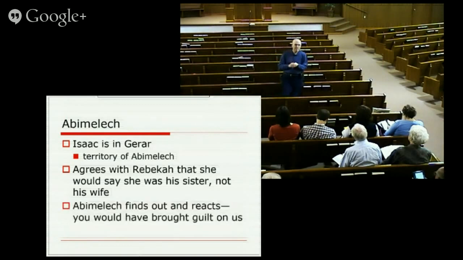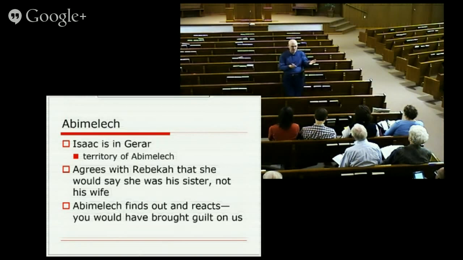And Abimelech's reaction to it is kind of interesting. How did Abimelech react? No big deal, take her and go? He was really concerned about it. Why? One of us might have lain with her, and why'd he care?